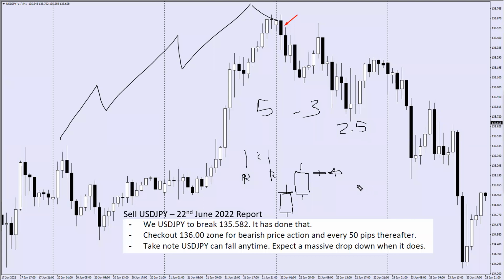I de-risk it already and shift the stop loss higher over here. My stop loss is here, right? I shift it higher. So if it hits me, I won't fully lose everything, because I have taken out 2.5 lots, 50% of the trade out already, or 60% of the trade out already.